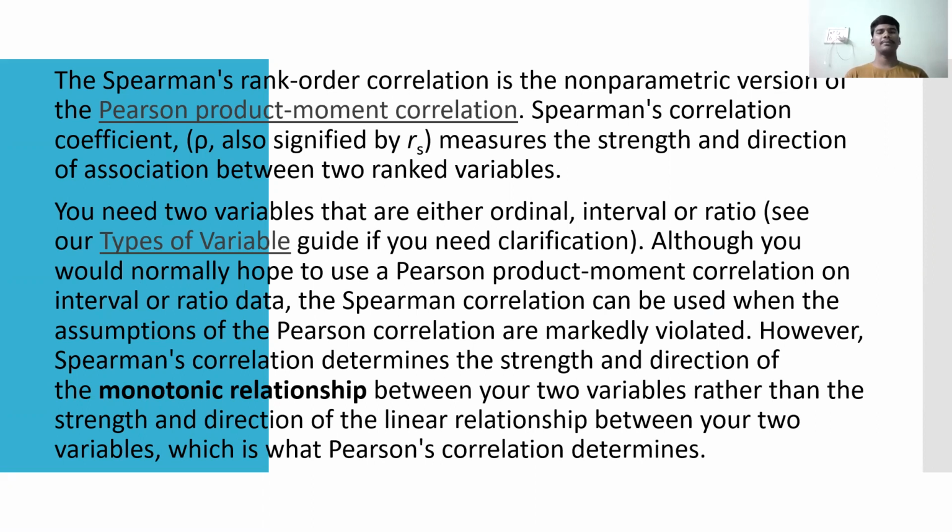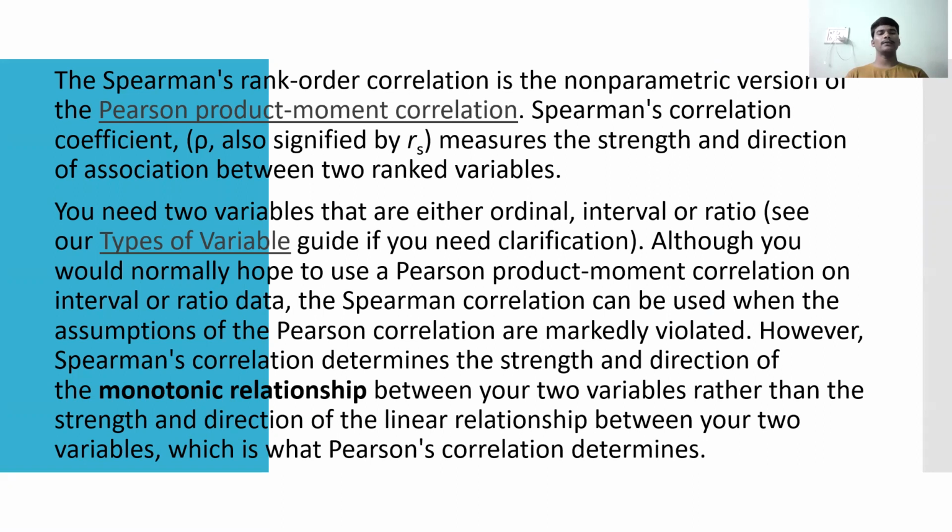Spearman's correlation coefficient measures the strength and direction of association between two ranked variables. These variables are series of values; simply, we can say each is a variable.